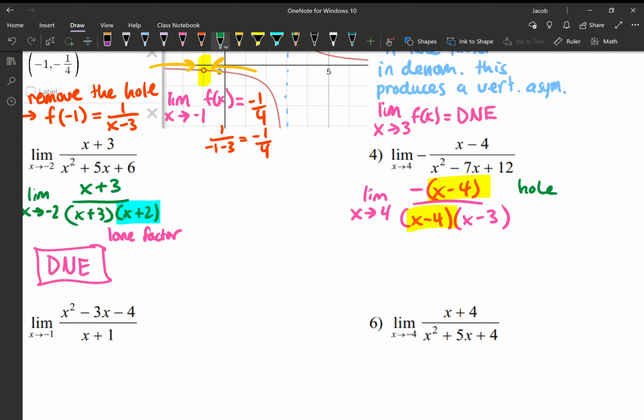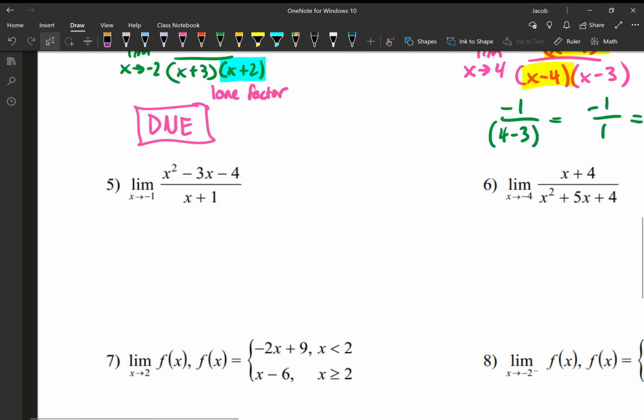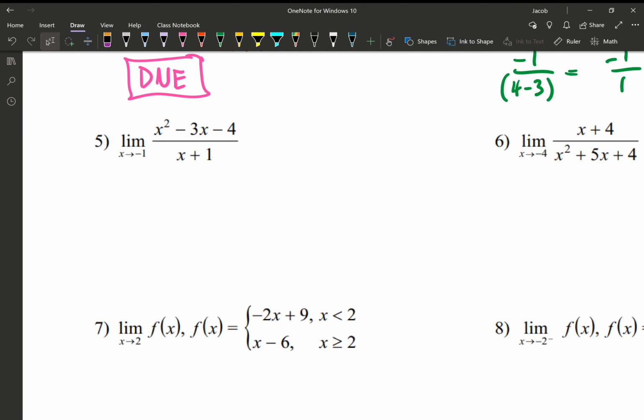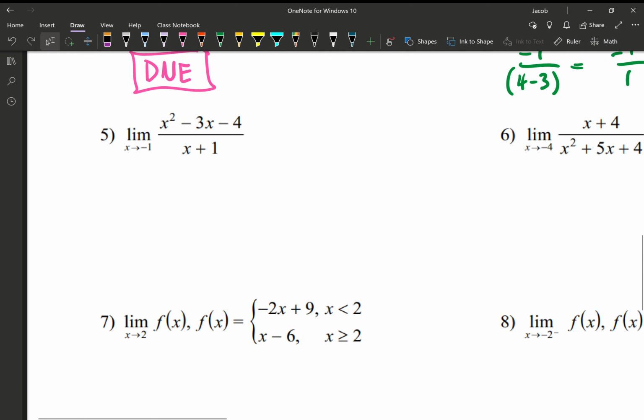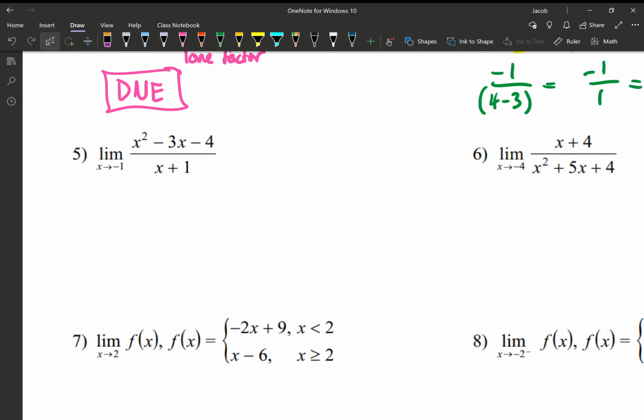So I have to remove the hole and evaluate at 4. So I've got -1 over 1, that's -1. Yay! Alright, so with 5, you're being asked what is the limit as x approaches -1.